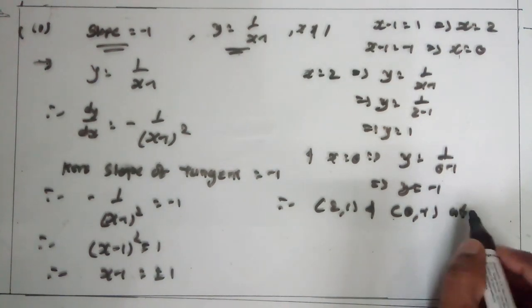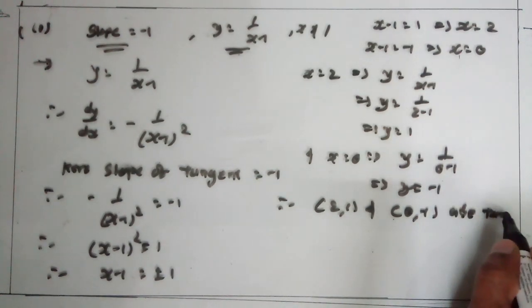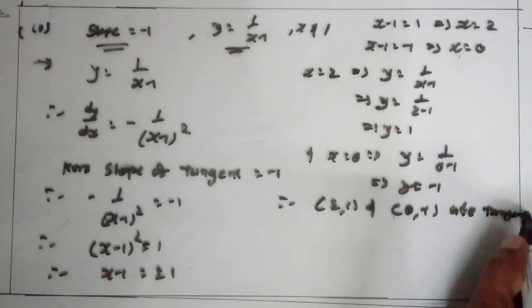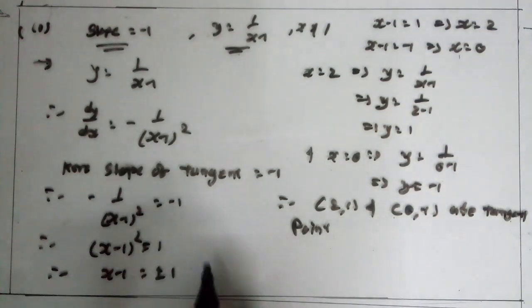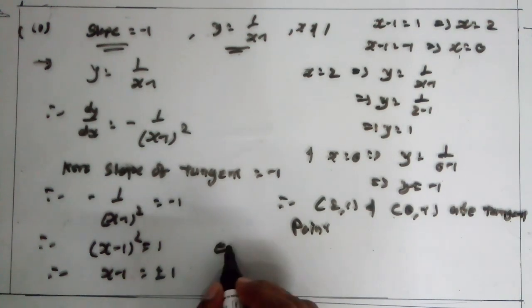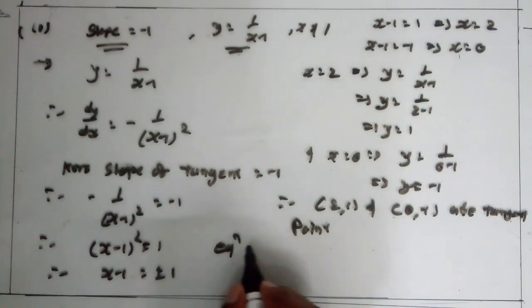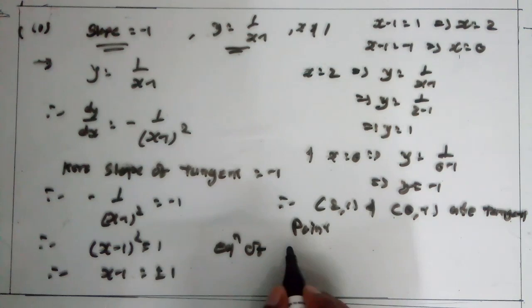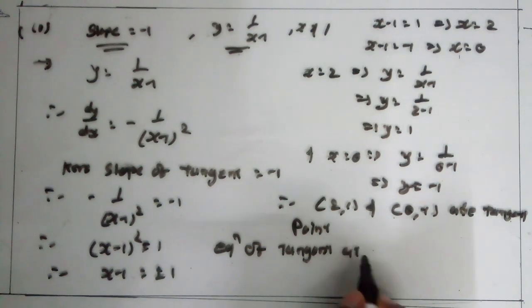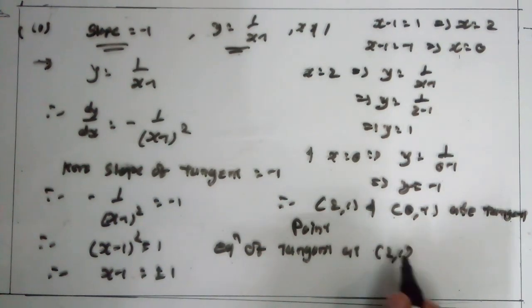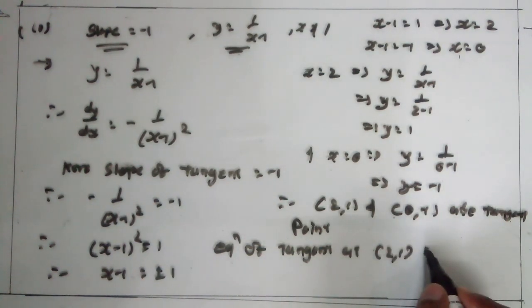are tangent points. Okay, now we get the equation of a tangent. Equation of tangent at (2, 1) with a slope.